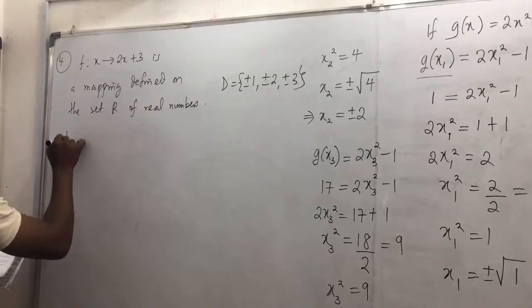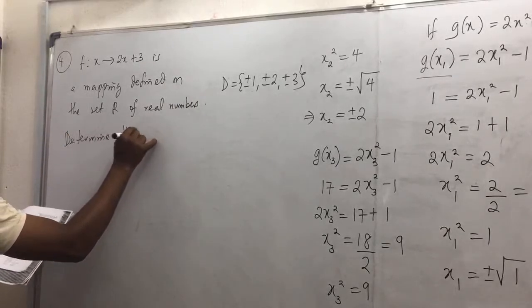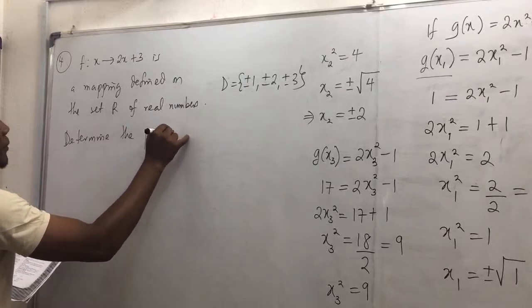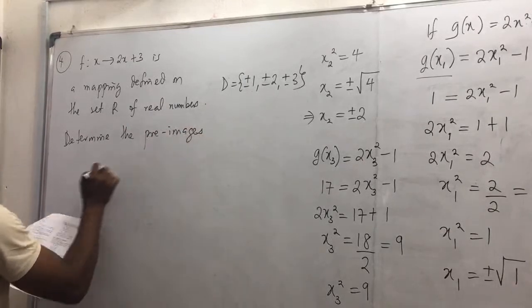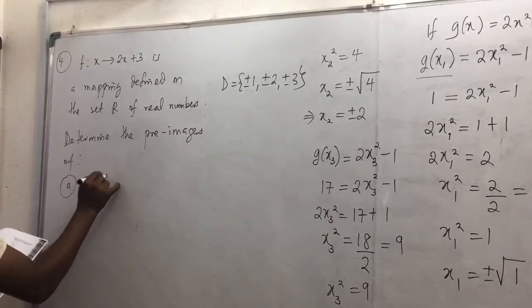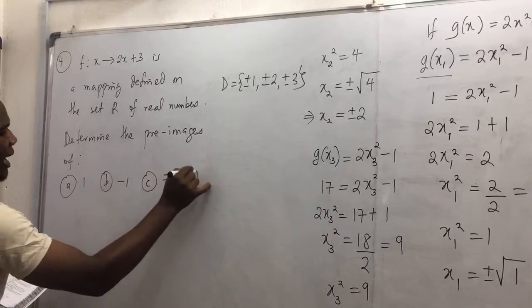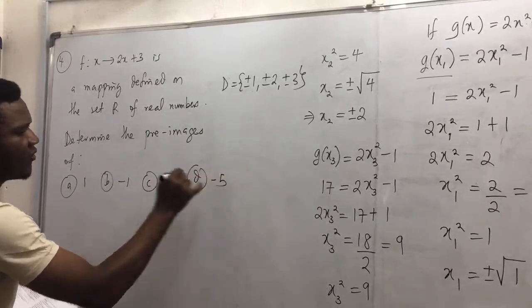I hope you can see this. So the question says determine the pre-images of A 1, B minus 1, C 7, and D minus 5.